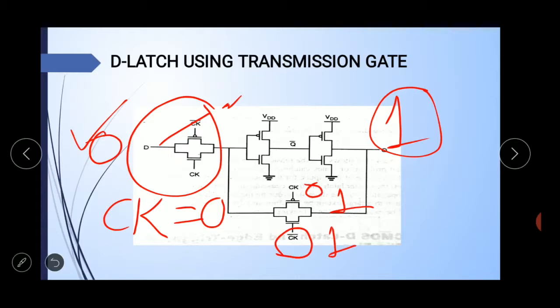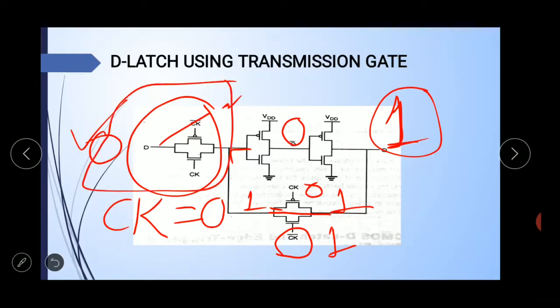So this one is a closed path, so this value is transmitted here, then applied to the inverter, so it becomes 0, then again inverted and we get 1. So when this part is in cut off state, this part acts as a loop and holds the previous data.